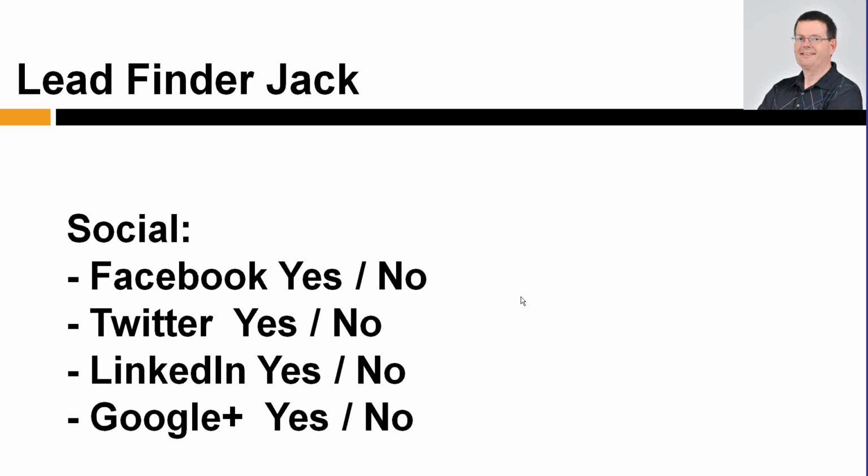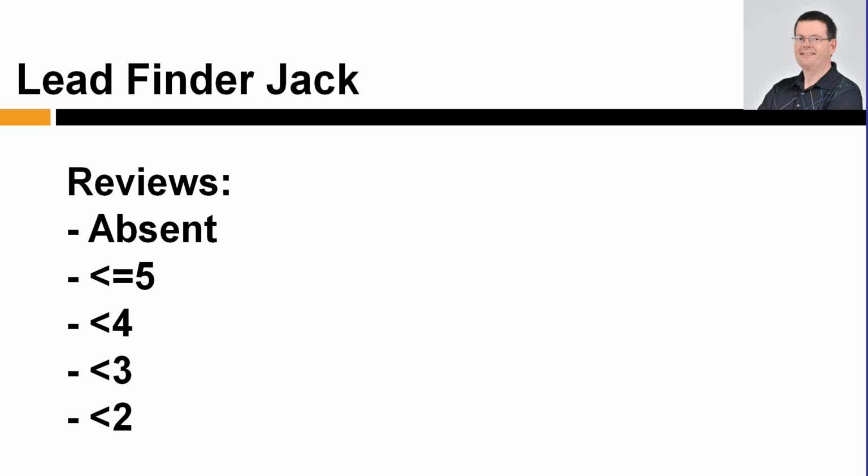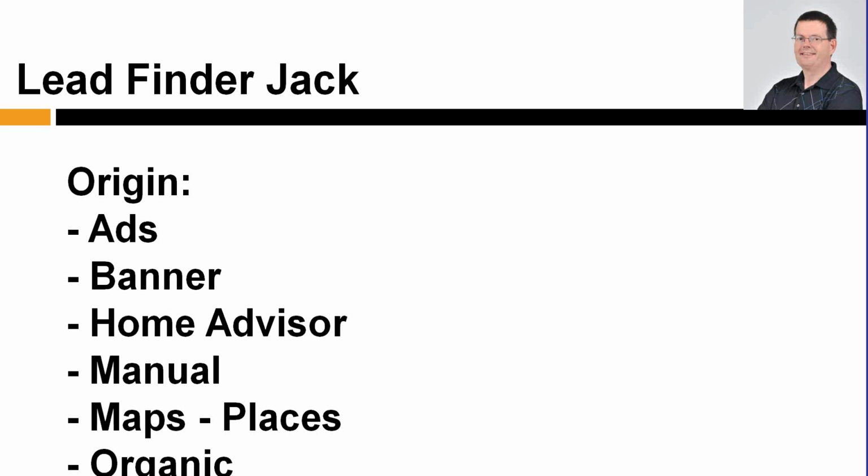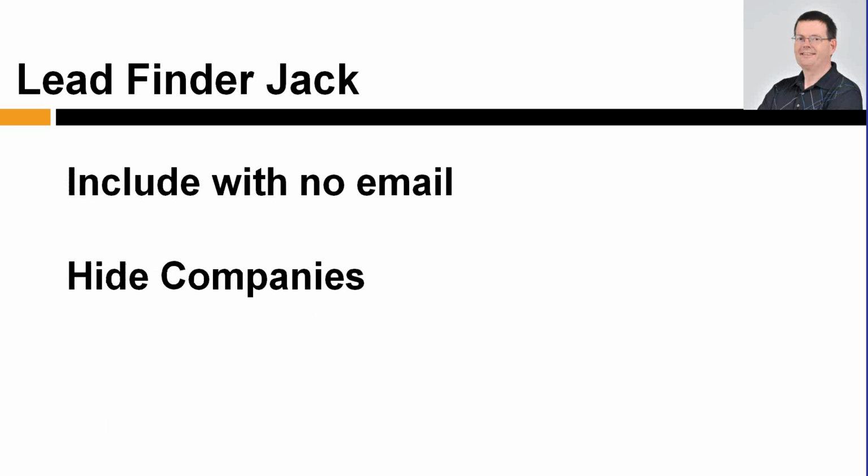We say social: Facebook, yes or no. Twitter, yes or no. LinkedIn, Google+. Reviews, absent. If they have them, you can filter on the worst review. Mobile, yes or no. URL, yes or no. Origin, where the company information was found. You can say include with no email, so that's the overview screen, and hide companies.